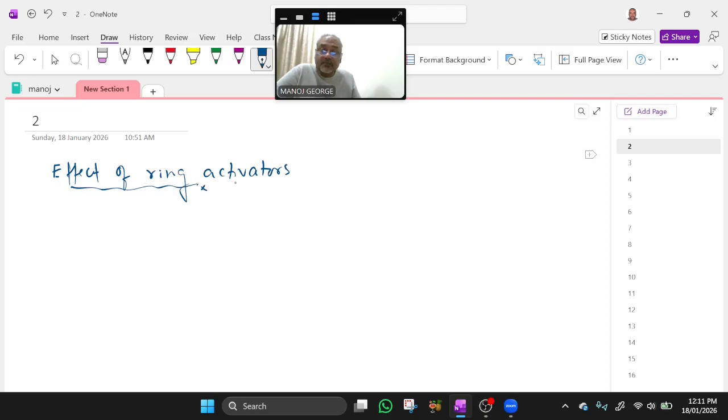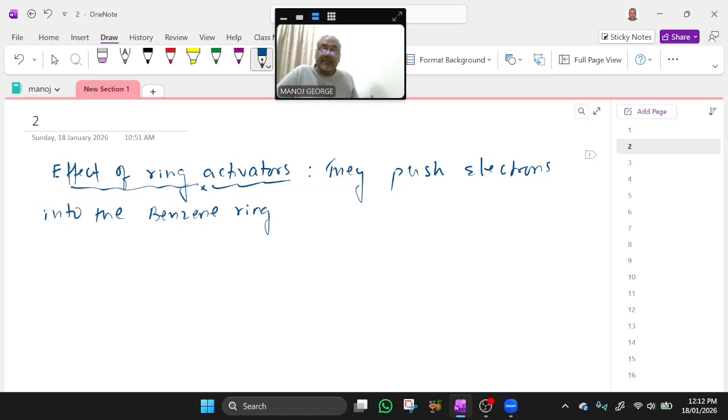When it comes to the effect of ring activators, what usually happens is they push electrons into the benzene ring, or you could say they push electrons into the pi electron system.